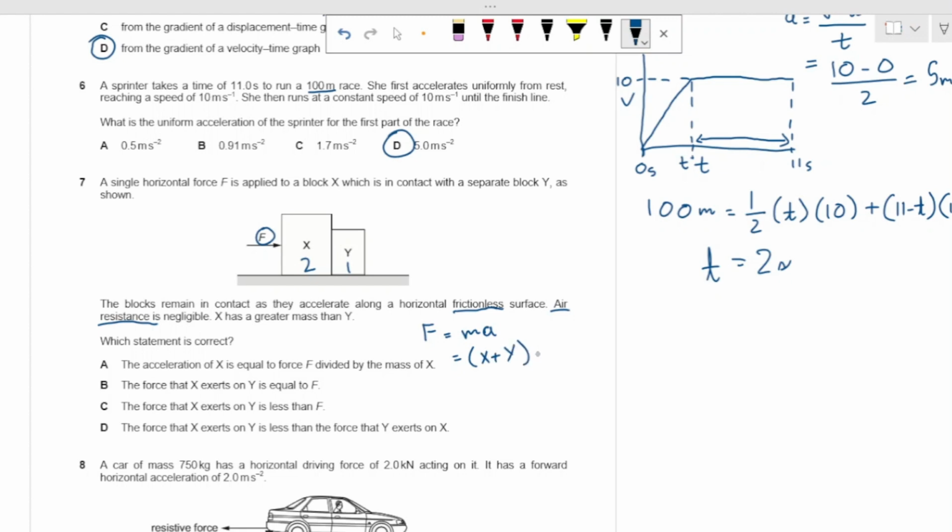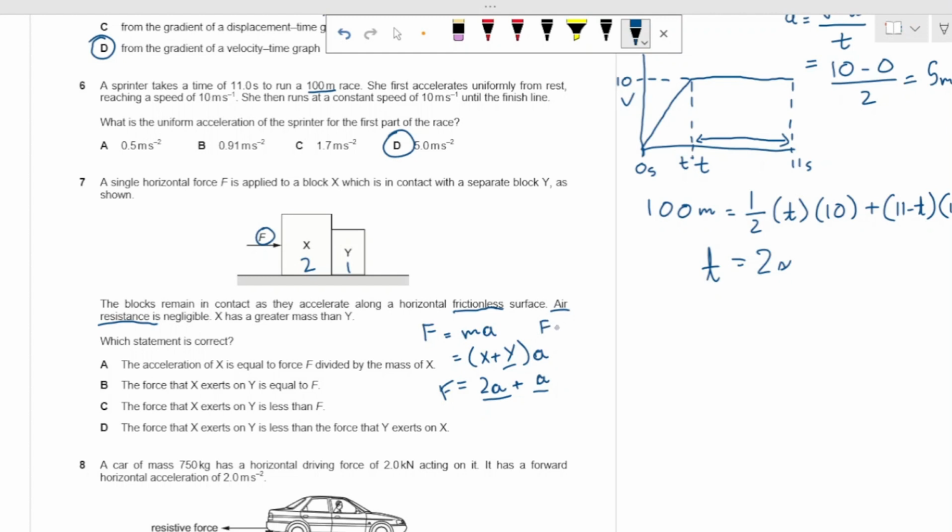And acceleration, both of them experience the same. Now we assumed the mass of X as 2 something. So we can say that for X we had 2A, and for Y we just had A. This is the force on Y, this is the force on X. The acceleration of X is equal to the force F divided by the mass of X. That is wrong, because you're also considering the mass Y in this equation.